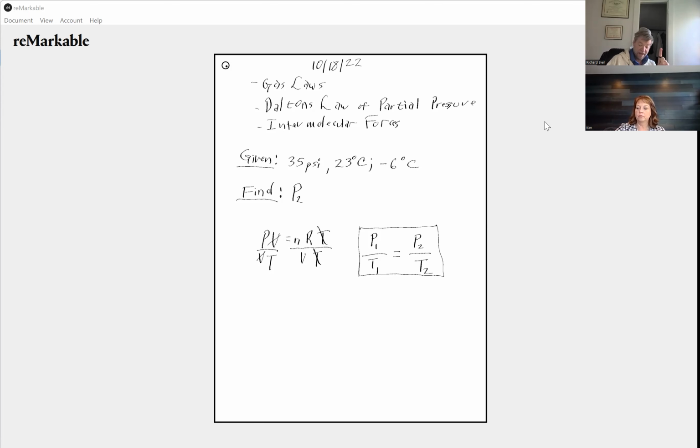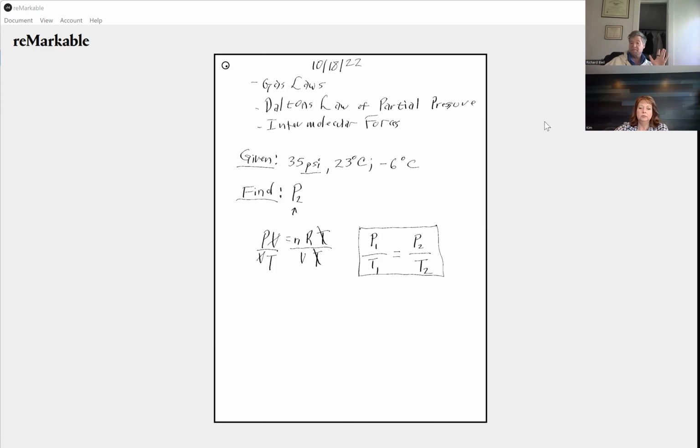Now, here we have PSI. Do we need to convert that? I mean, after all, our constant for R is atmospheres. So do we need to convert from PSI to atmospheres? No, as long as we're consistent. As long as we're happy with PSI as the unit in our final answer here, we can keep it PSI.